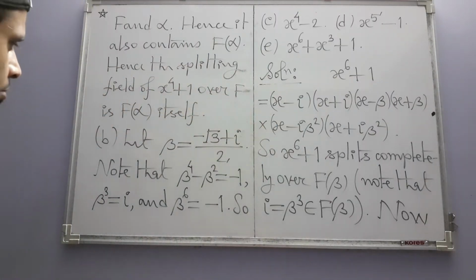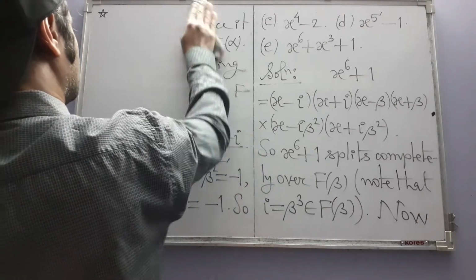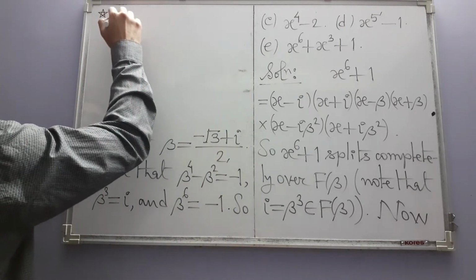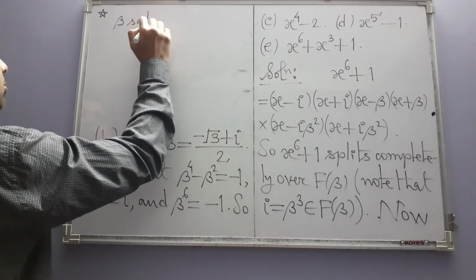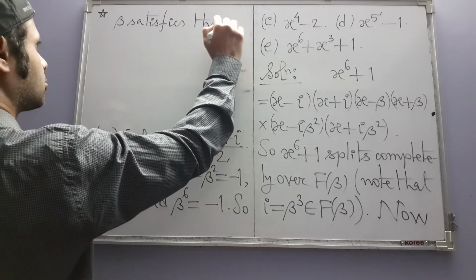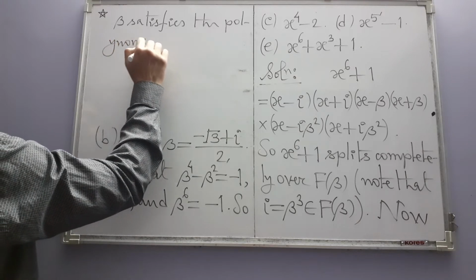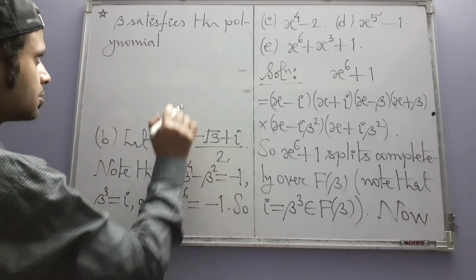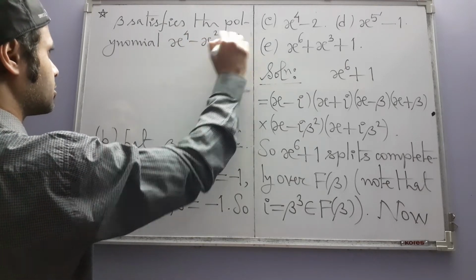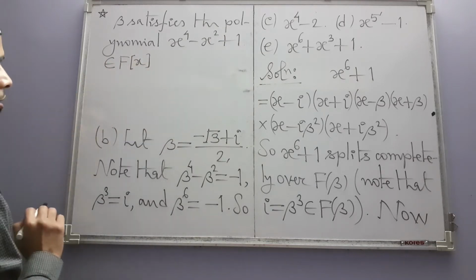Now beta satisfies the polynomial. From this we see that it satisfies the polynomial x to the power 4 minus x square plus 1, which of course is a polynomial over the field of rational numbers.